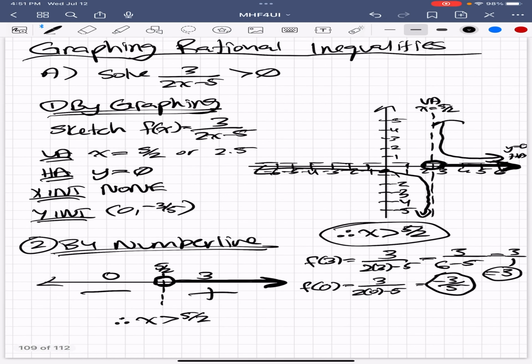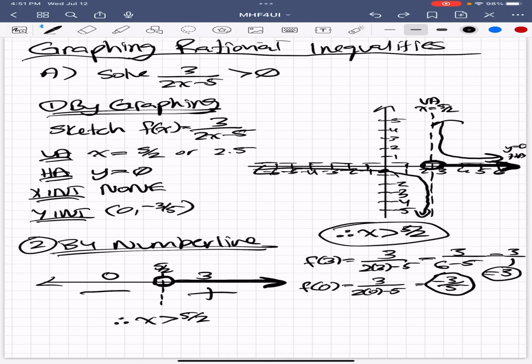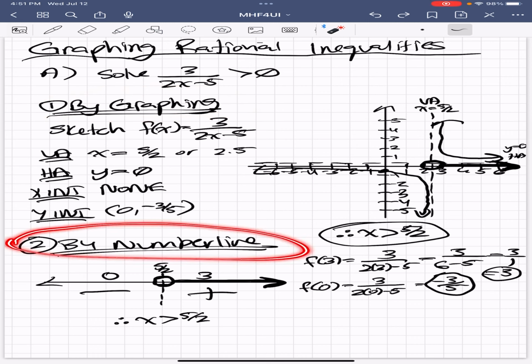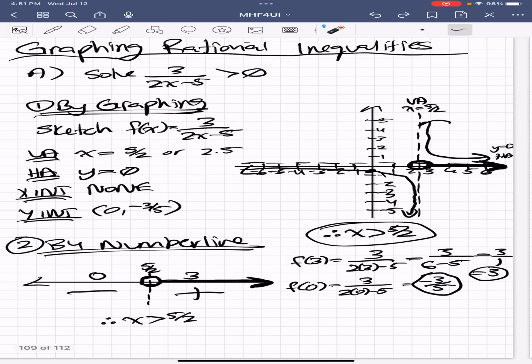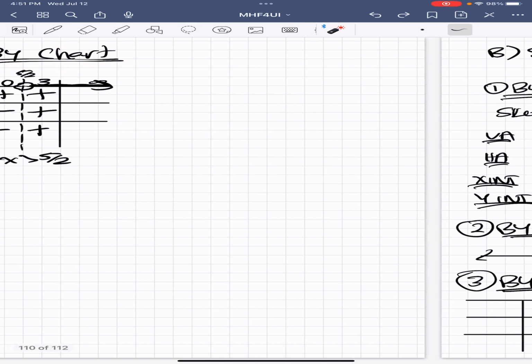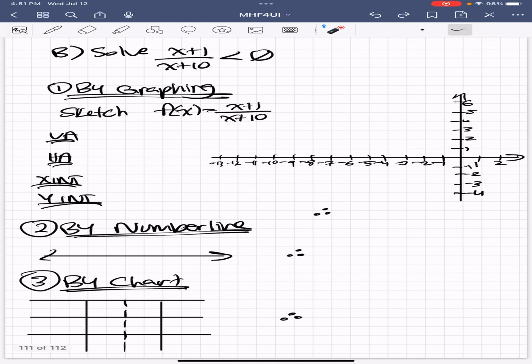So we solved by graphing, we solved by number line, and we solved by chart. Time to solve this inequality.